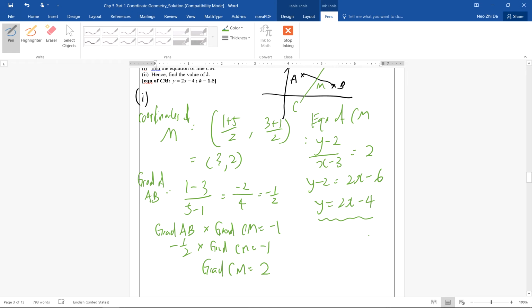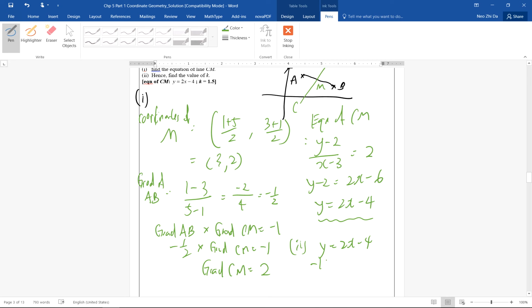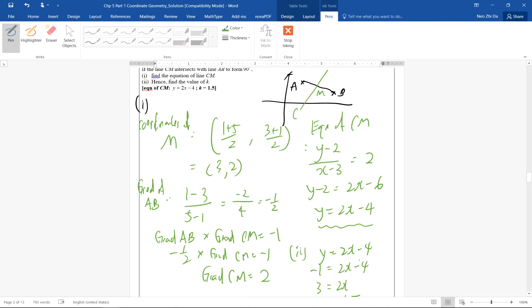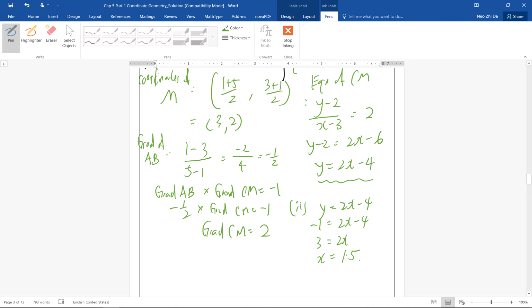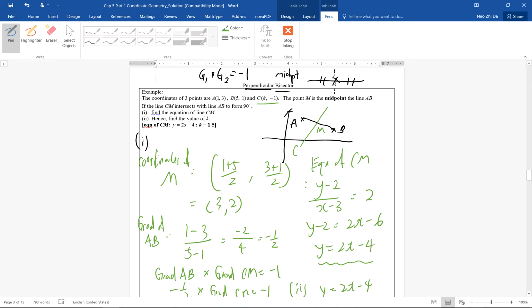So part 2: y equals 2x minus 4, y is negative 1. Solve the equation, x equals 1.5. Clear? Sorry, your x value today is k. So k equals 1.5. Okay, so I've cleared the example of perpendicular bisector.